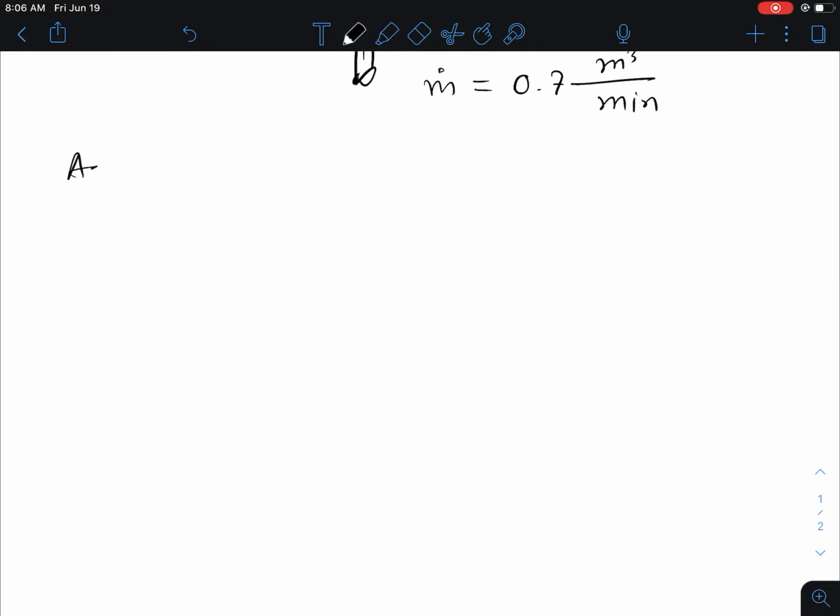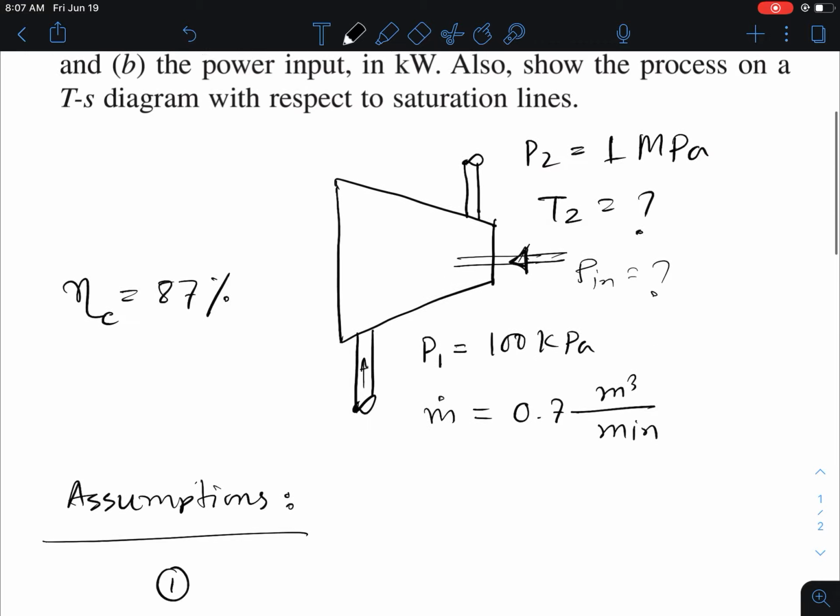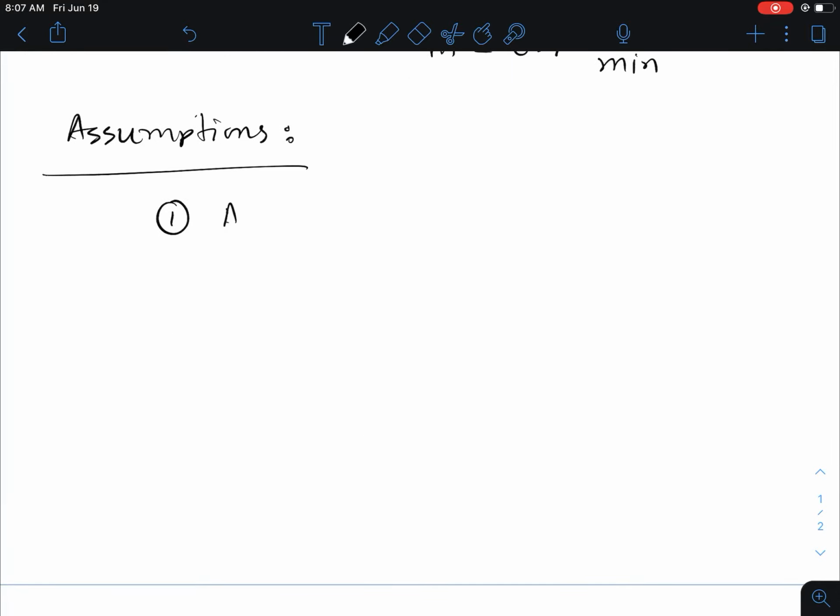So first let me write the assumptions for this problem. Assumptions, right? So the first assumption is that it's an adiabatic compressor. That means no heat transfer.